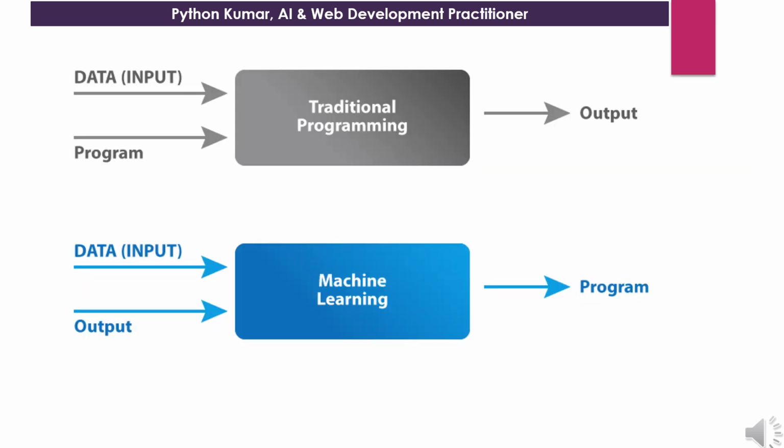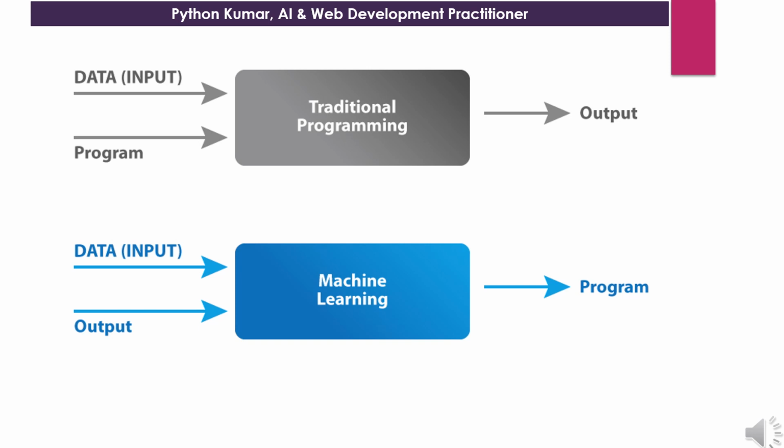As we have seen previously, in traditional programming, we used to give data as input to the machine, and we also used to tell it a rule, a program, and based on my rule the computer used to give me an output, that is a result.